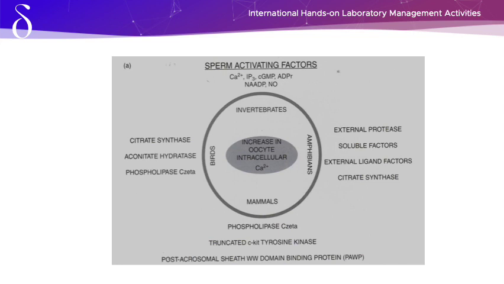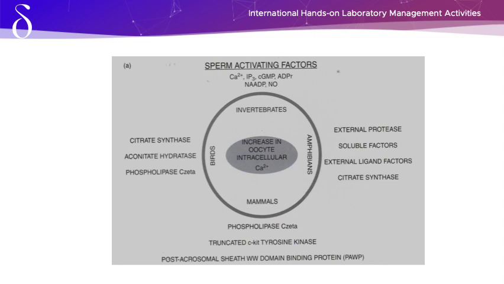But there are also other factors in humans and mammals that have been identified, such as truncated tyrosine kinase and post-acrosomal sheath domain binding protein.